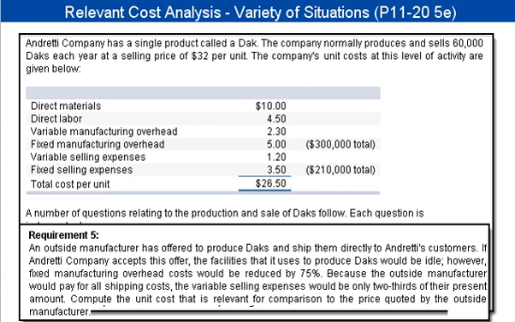Because the outside manufacturer would pay for all shipping costs, the variable selling expenses would only be 2/3 of their present amount. And we need to compute the unit cost that's relevant for comparison to the price quoted by the outside manufacturer. So in other words, they're going to give us a price. We need to know whether it's a good price or not.